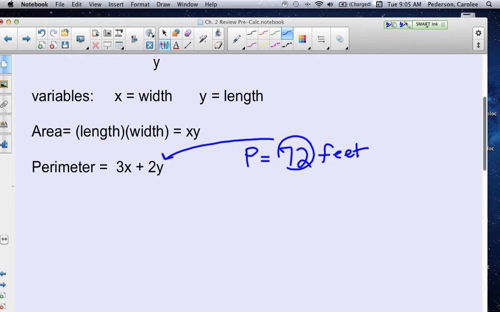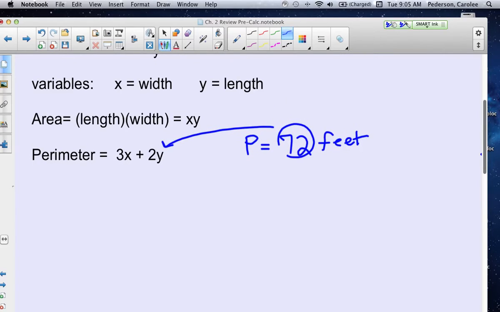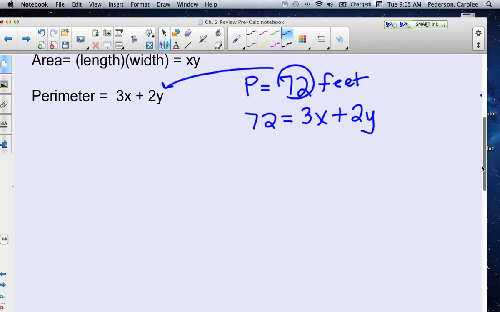So we would convert this to the same variable, and we wanted everything to be in x terms. So we want to change that y to be in x terms. So we say 72 equals 3x plus 2y. And we're going to solve this for y.